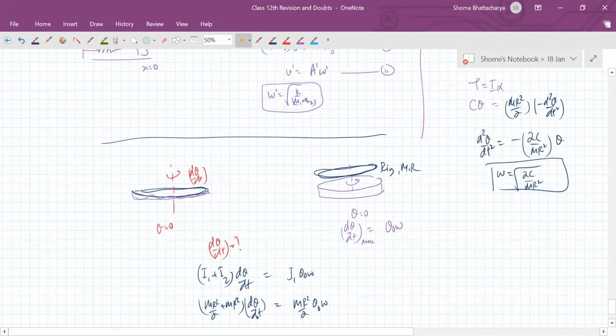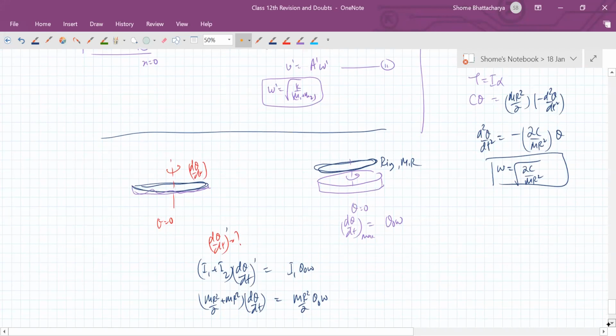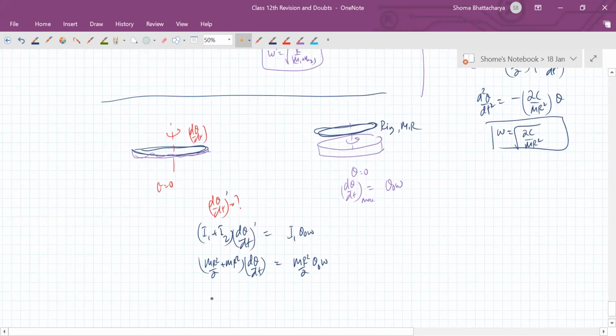And this new value of d theta by dt, let's just write it with prime sign. This is going to be how much? Your new angular amplitude into new moment of inertia into new omega. So 3 by 2 mr square into new angular amplitude into new omega should be equal to mr square by 2 into original angular amplitude and original omega. Now what is going to be a new omega? It is going to be c divided by the new moment of inertia, no?